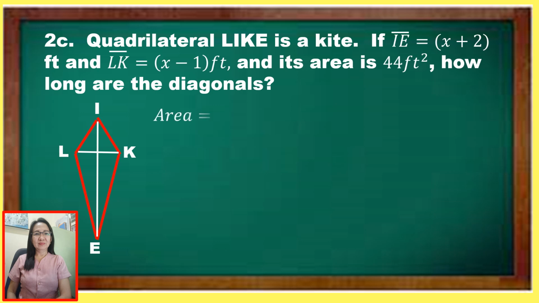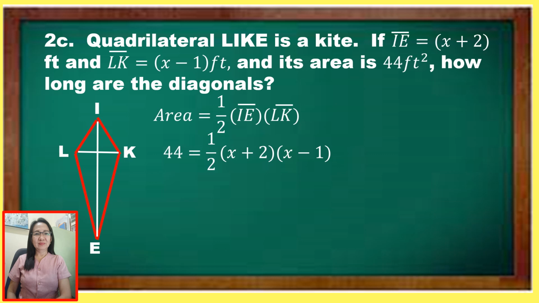Using the idea for the area, we get area is equal to 1/2 times the length of diagonal IE times the diagonal LK. By substitution, the area is 44, where IE is represented as x plus 2 and LK is represented as x minus 1.